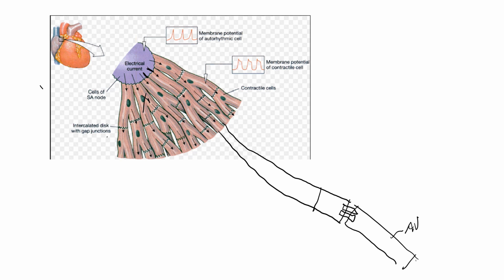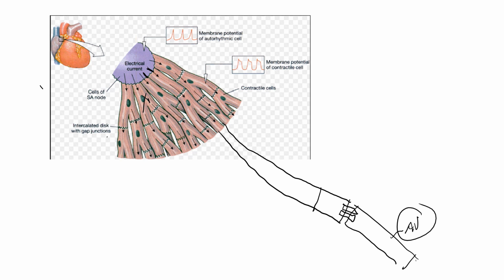Great. All right. So let's say in this instance, the SA node fiber and the AV node fiber right now are both trying to get to threshold on their own. Let's not relitigate everything that we just did, but we know that the SA node fiber is going to get to threshold a lot faster than the AV node fiber will.